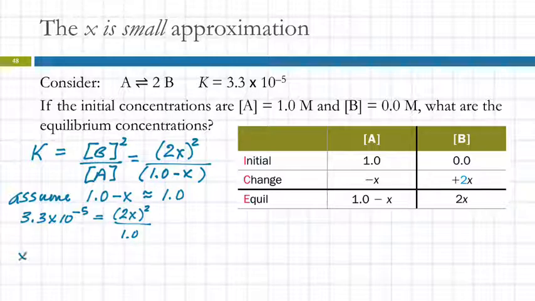So we're going to find that x is equal to the square root of 3.3 times 10 to the minus 5, divided by 2. You take the square root, you get the square root of K is equal to 2x, and then you divide by 2.